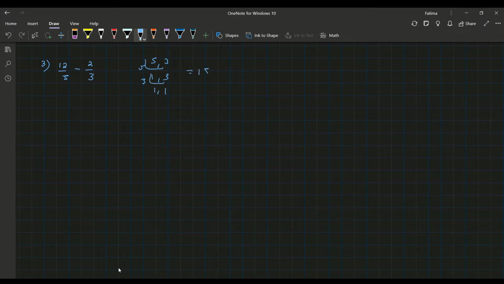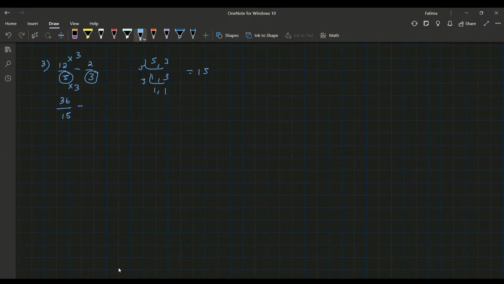So that's 15. Now I have to make the denominator of this fraction from 5 to 15, I'd have to multiply it by 3. So the same change has to be applied to the numerator. So 12 into 3 is 36 by 15, minus, now I have to change this number to 15.